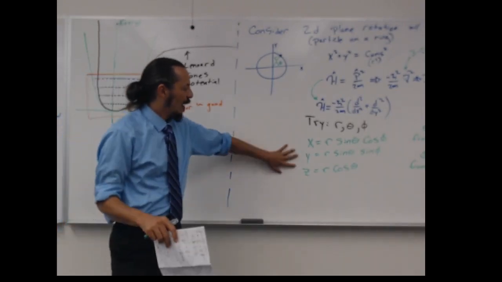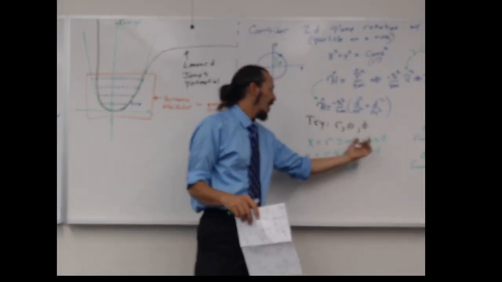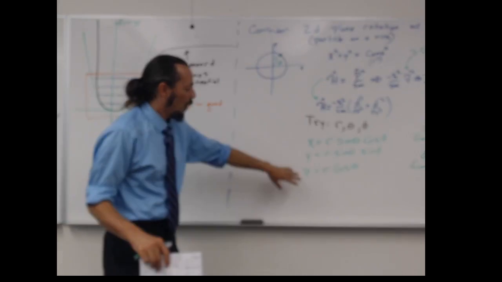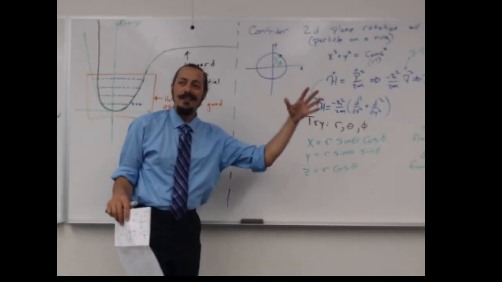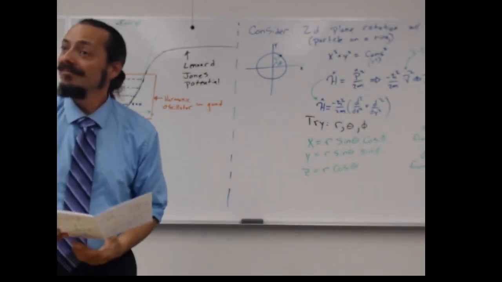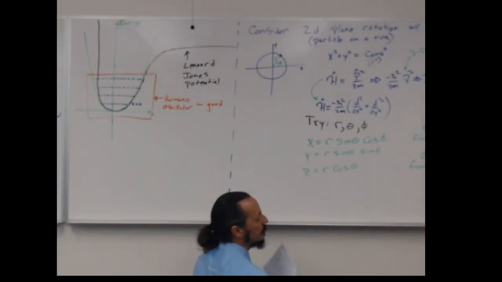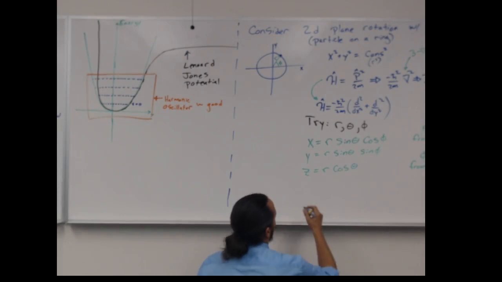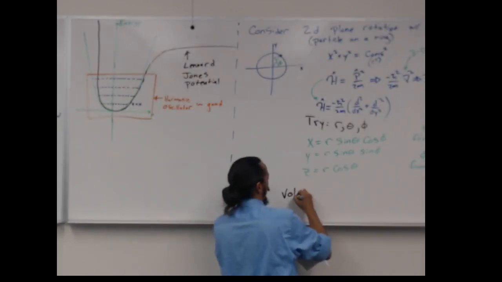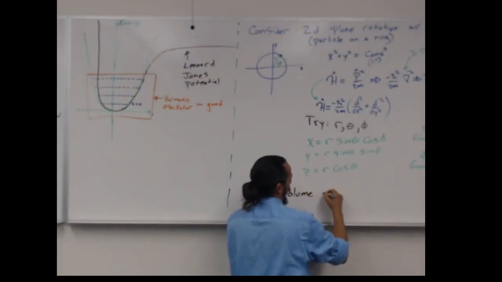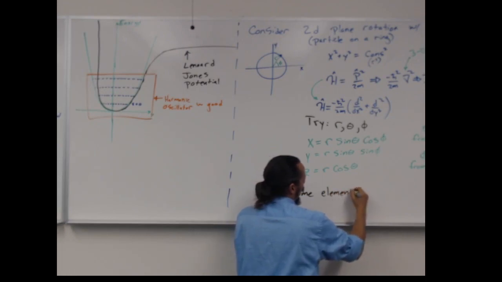With this definition of how we relate x, y, z to r, theta, and phi, you can also write equations for r, theta, and phi. They're a little uglier. But we also end up with volume elements. Right?